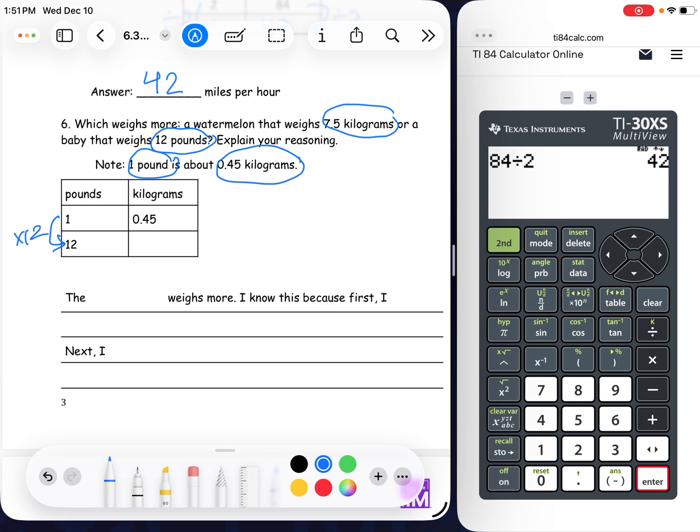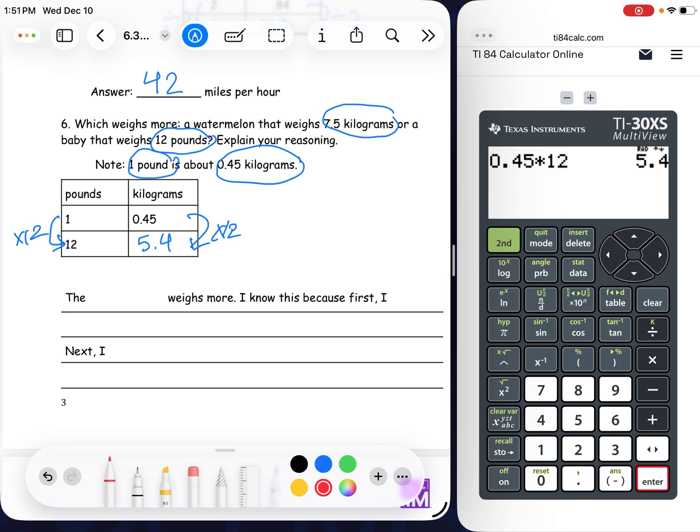Times by 12. What I do to one side, I do to the other. 0.45 times 12 is 5.4 kilograms.